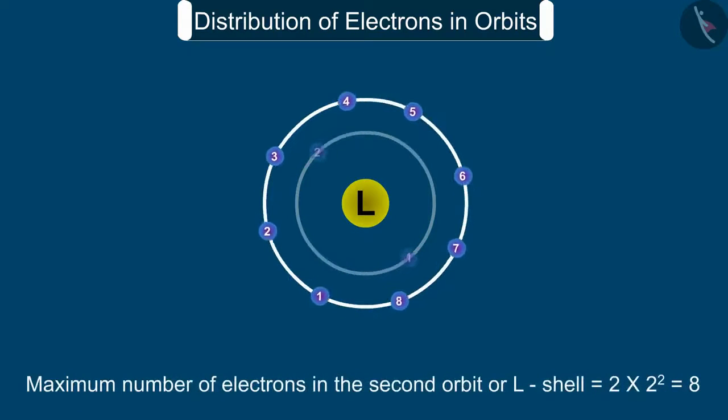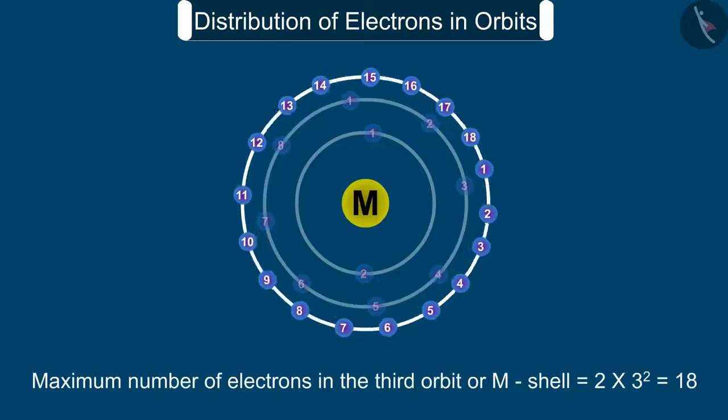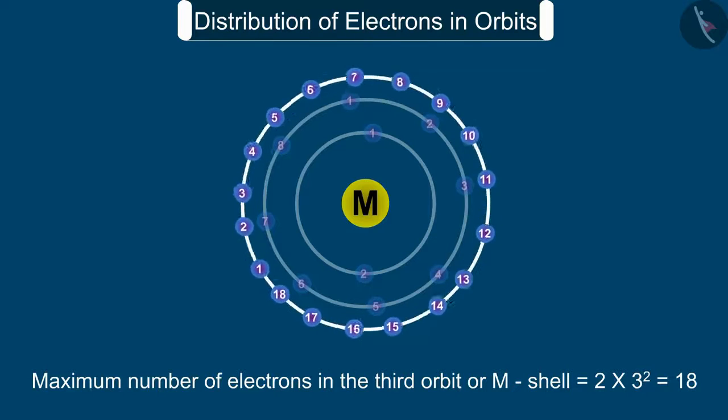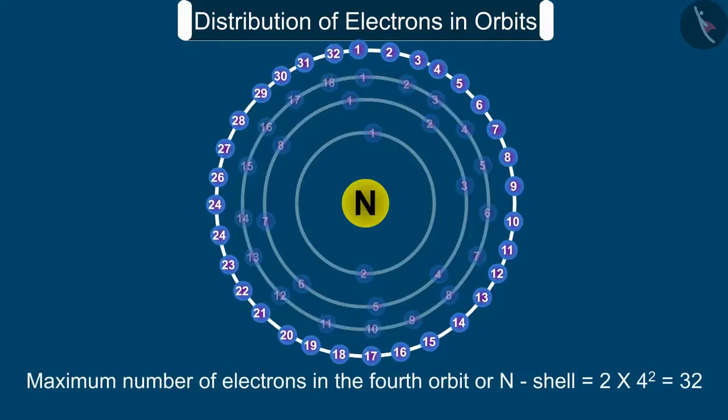In the second orbit or L shell is equal to 2 into 2 square, that is 8. The third orbit or M shell is equal to 2 into 3 square, that is 18. The fourth orbit or N shell is equal to 2 into 4 square, that is 32.